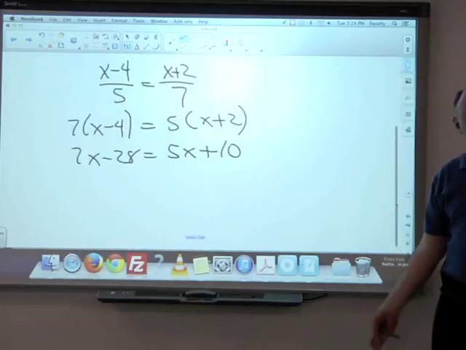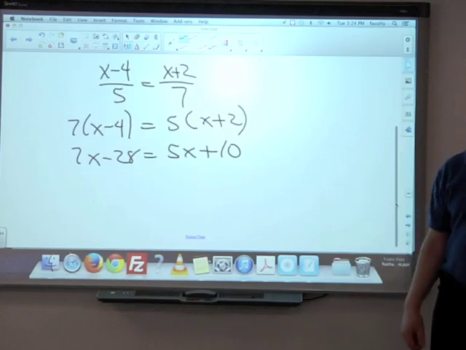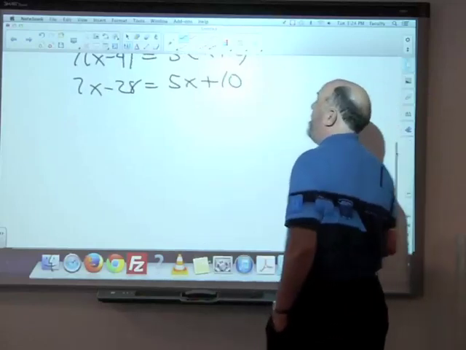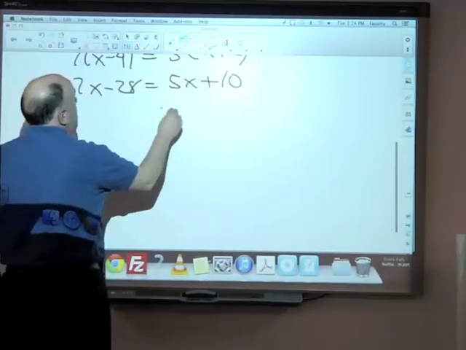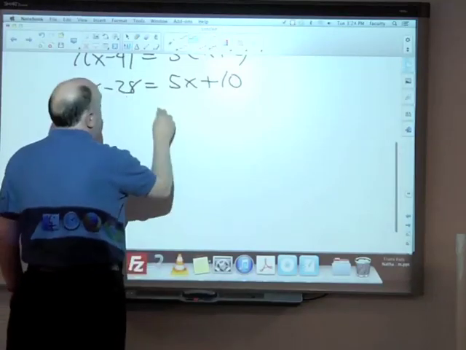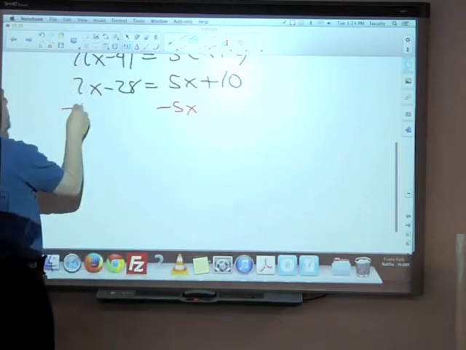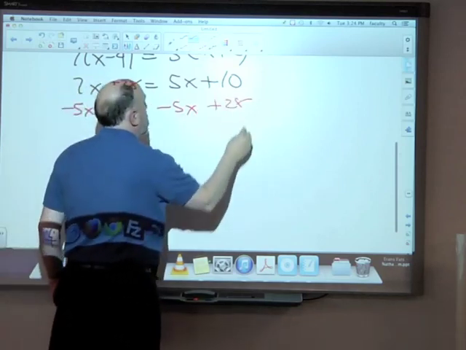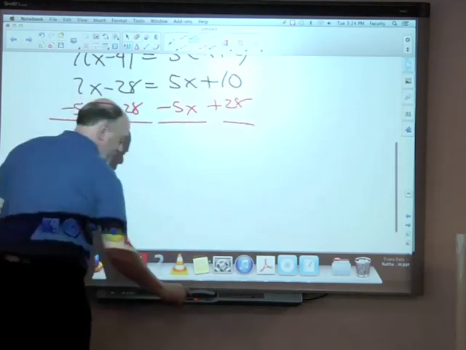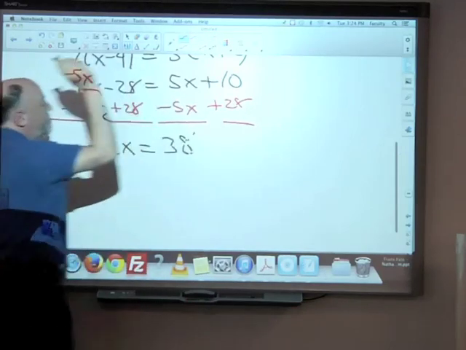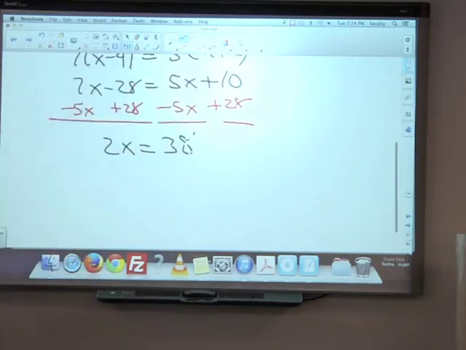Get the x's on one side, get the numbers on the other side. So we're going to subtract 5x and add 28. We end up with 2x equals 38. Last step, divide by 2.